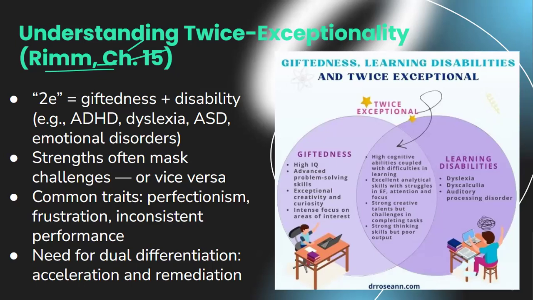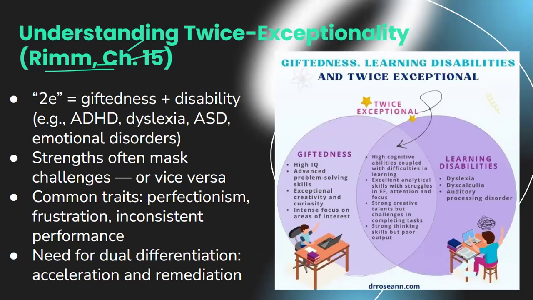The key takeaway is that these students require dual differentiation, and I would actually even argue tri-differentiation. This is instruction that accelerates for their giftedness and enriches based on strengths, while simultaneously scaffolding or remediating areas of challenge. Additionally, this approach demands flexible planning and close collaboration among teachers, counselors, families, and other stakeholders.